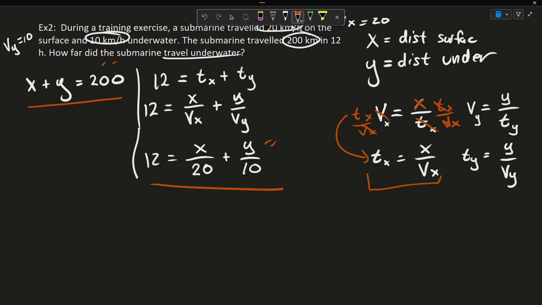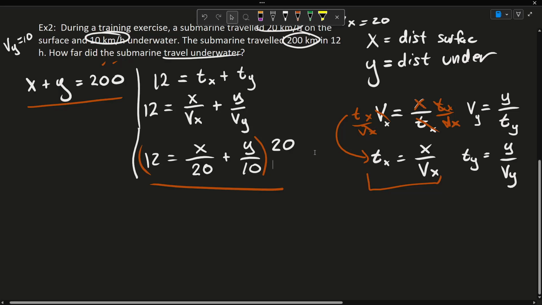Now, one of the problems is I have fractions here, and so you may have remembered at some point some kind math teacher showed you that I could multiply this entire equation by 20. If I do, I get a 20 in each of these numerators, and 12 times 20 is 240, right? So 240.